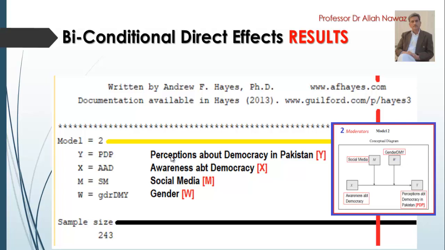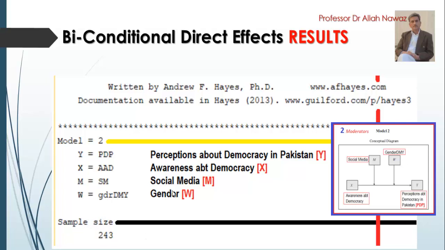In our case, it is perceptions about democracy in Pakistan. Which one is the X variable? In this database, the X variable is awareness about democracy, which is affecting the perceptions about democracy in Pakistan. And we have used two moderators. First moderator M is social media, and the second moderator is gender. The sample size is 243.